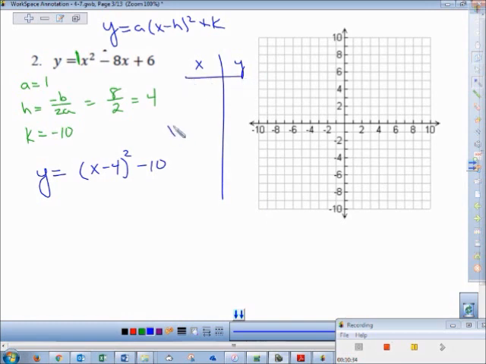Throw the vertex in the center. Nice. Then 3 numbers bigger. Be careful with that. And 3 numbers smaller. Try it again.